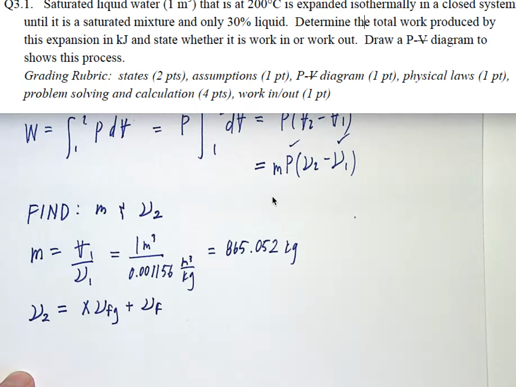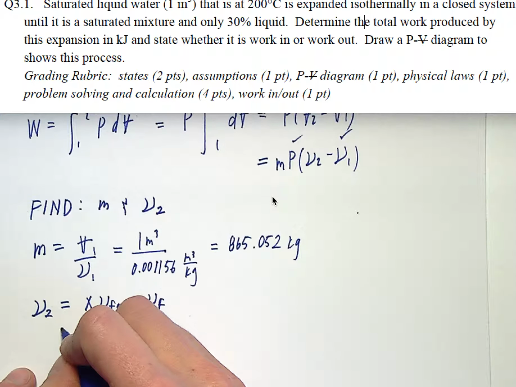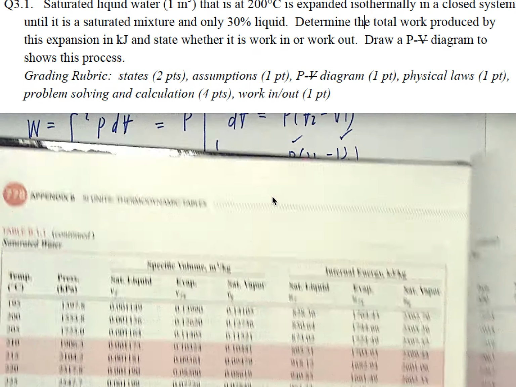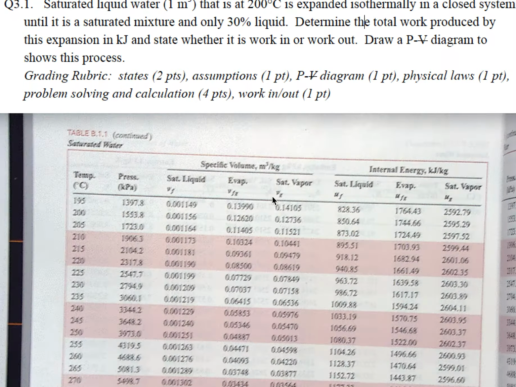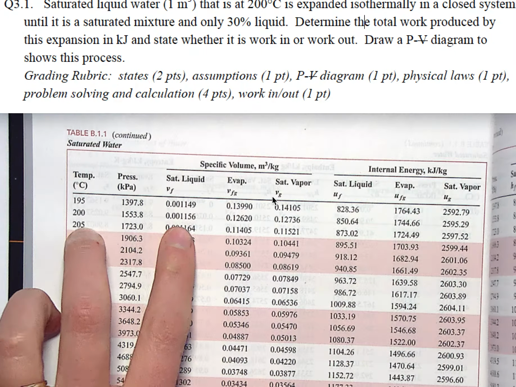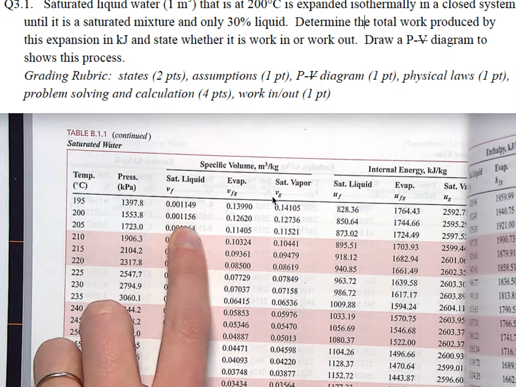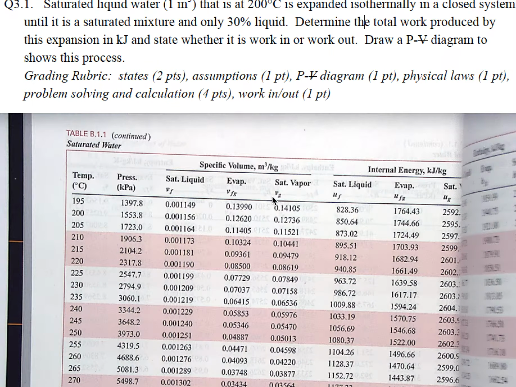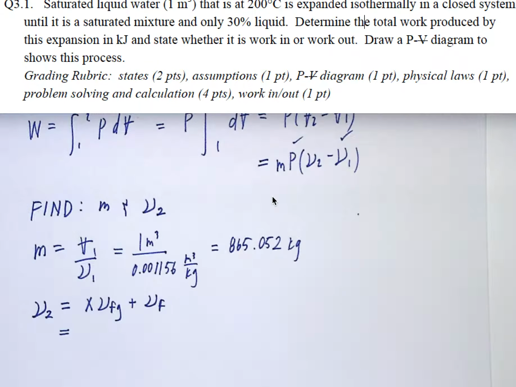So those are all table lookup values. x is 0.7, and then again we're just going to go back to the tables. We already used vf, which you found right here, and then vfg is also in the tables. It's 0.12620.